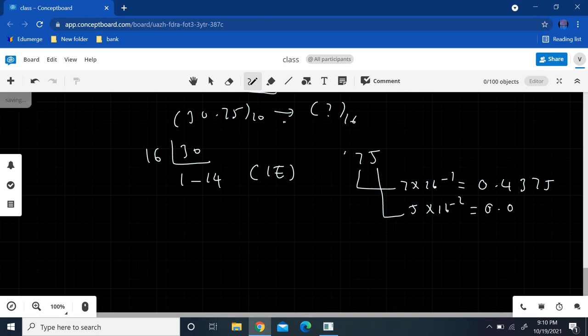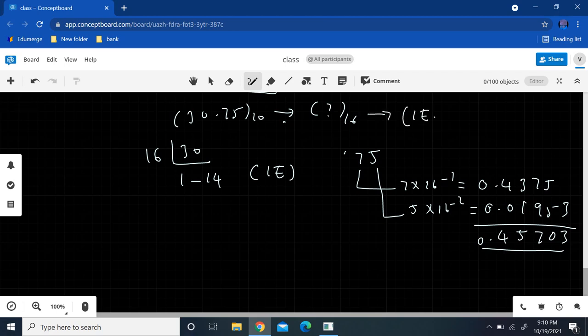This gives you 0.01953, and if you add, you will get the result .45703. So now the equivalent hexa is 1E.45703 base 16.